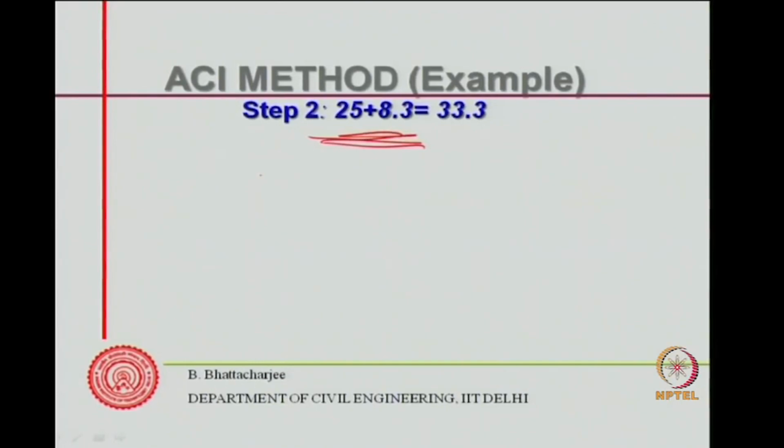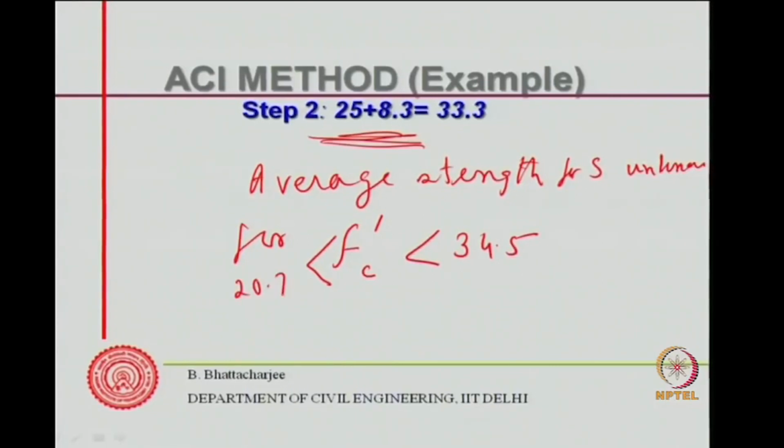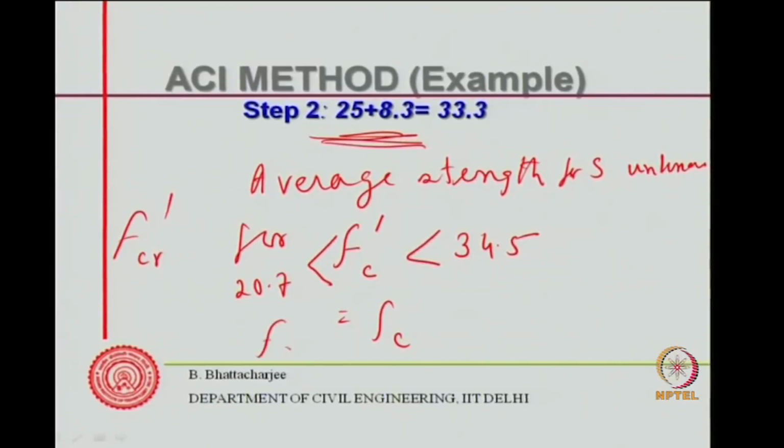So we said average strength when S is known; for S unknown, for f'c less than 34.5 and greater than 20.7, the average strength f'cr equals f'c plus 8.3.